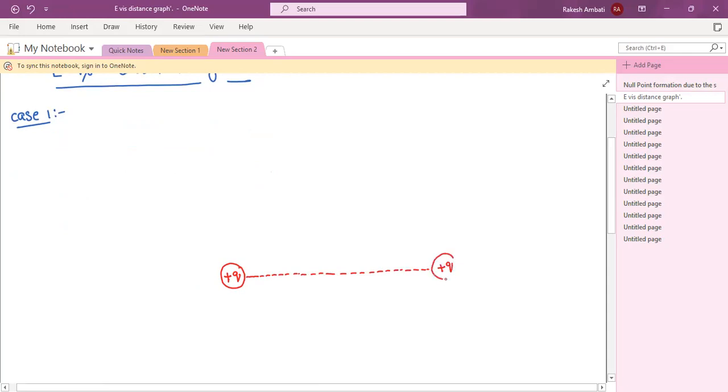Here we have to draw the intensity and distance graph.